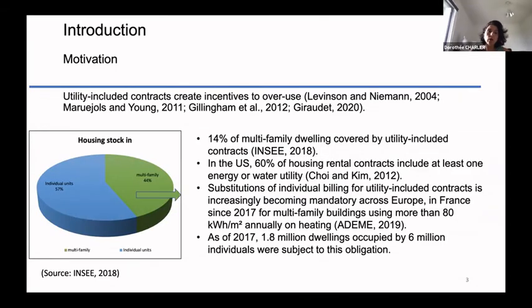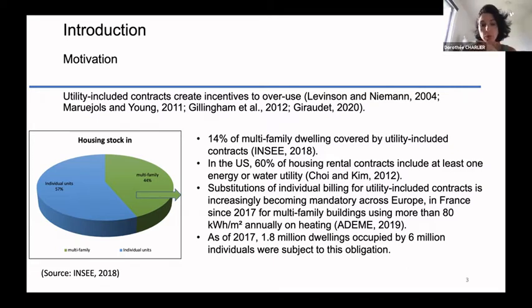According to this fact, in France we have a lot of collective buildings, because multifamily dwellings represent nearly 14% of total building stocks. And moreover, we have a lot of collective buildings with a collective intake system.